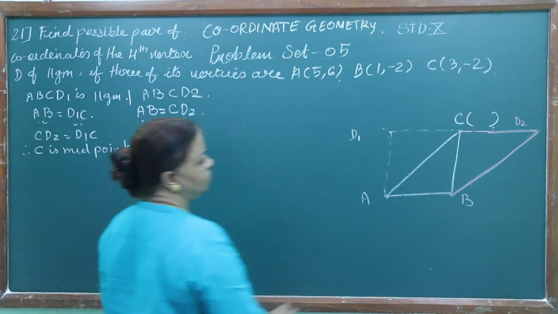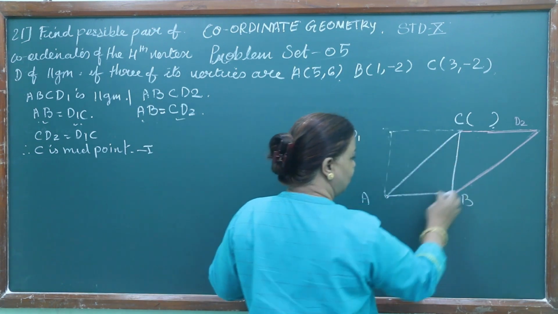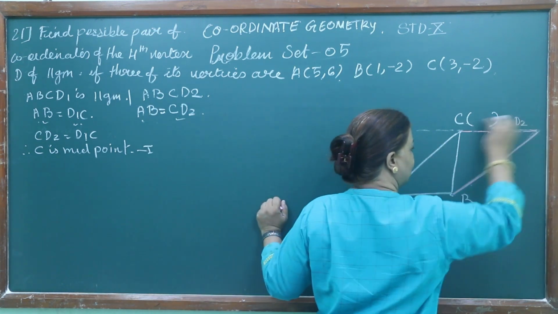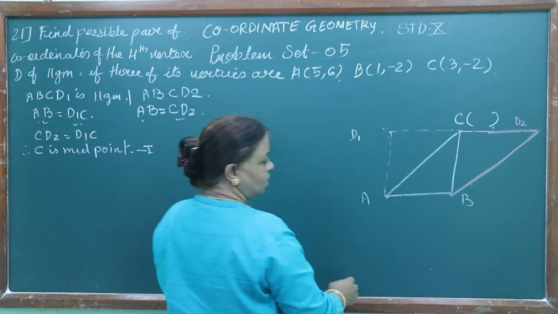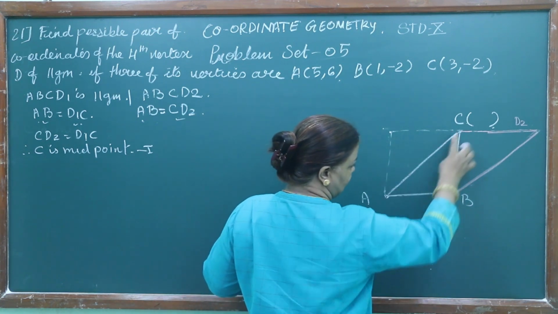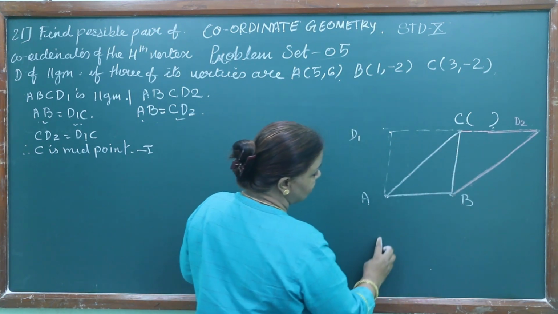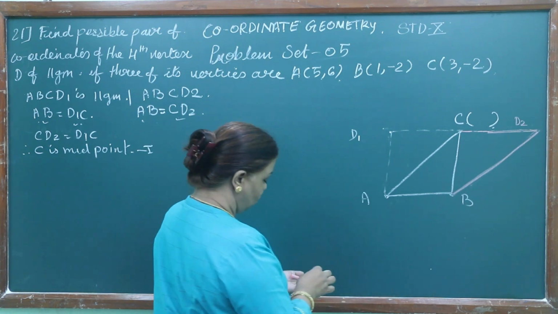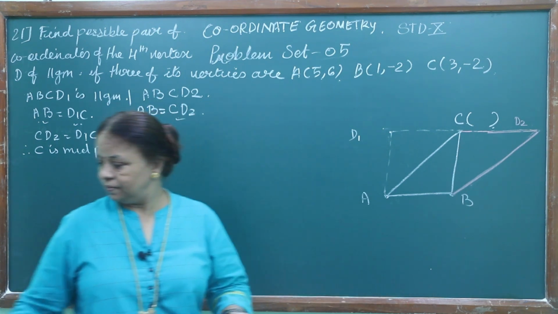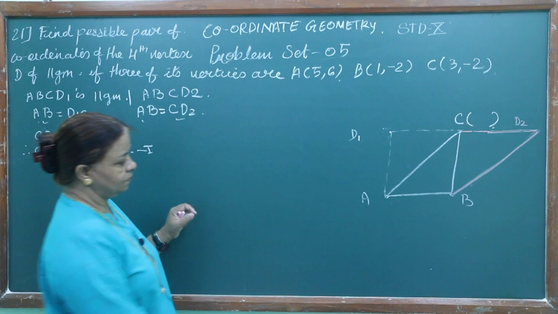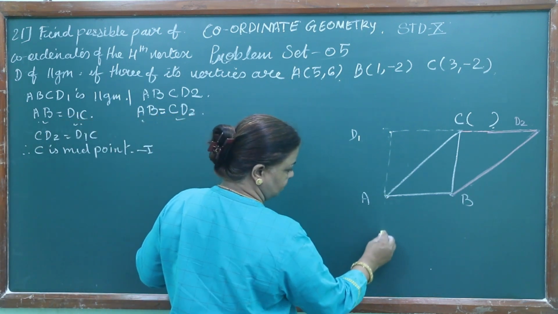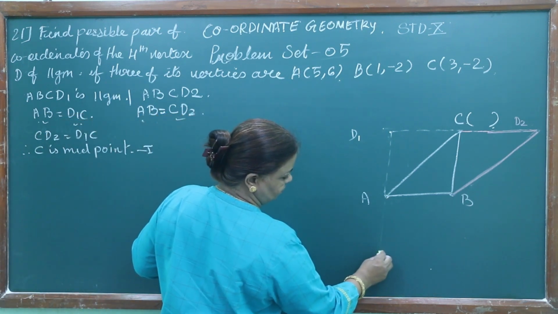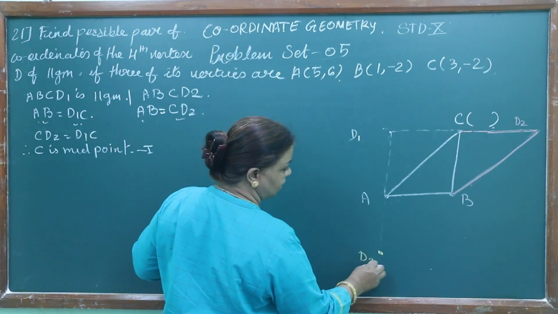Now two possibilities we got: D can be here and make a parallelogram, D can be here and can make a parallelogram. Suppose this is a triangle and my point D is over here. Then what would happen? There is my point D3.